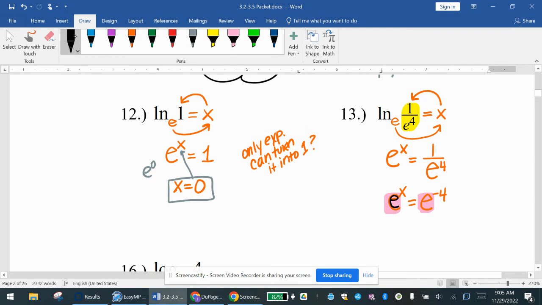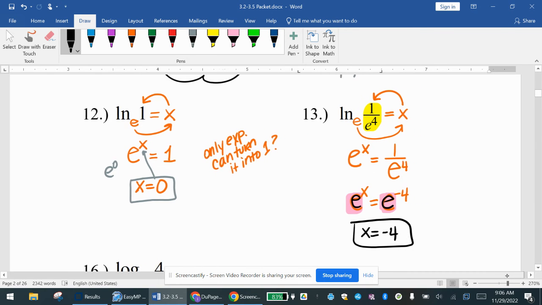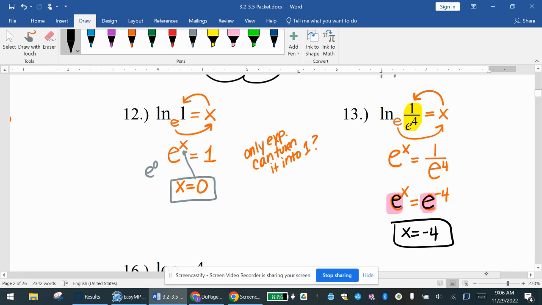You see how they both have an e? So that means I can set the exponents equal to each other. And the answer is -4. Remember, we put the x there ourselves for evaluating purposes, but technically the answer is just -4, not x equals -4. I will not take off points if you leave the x there, okay?